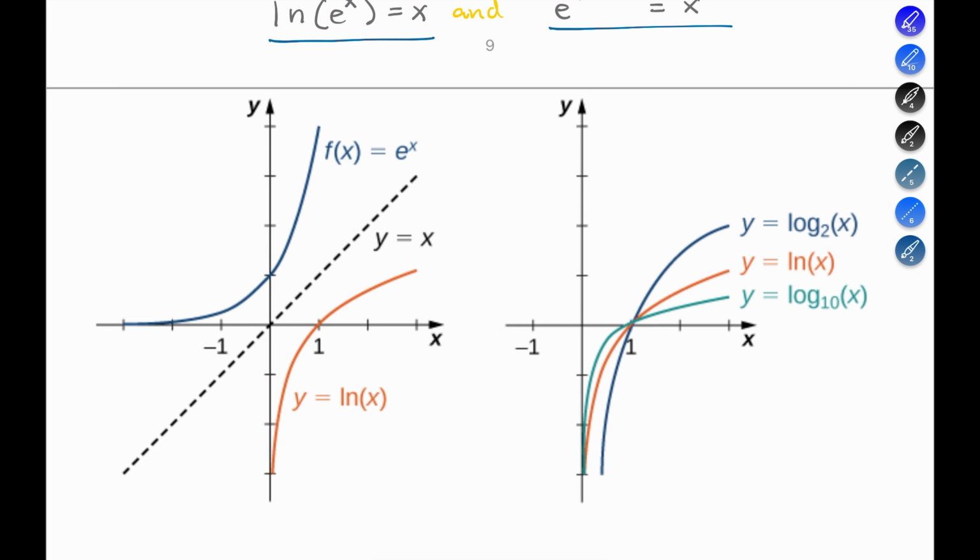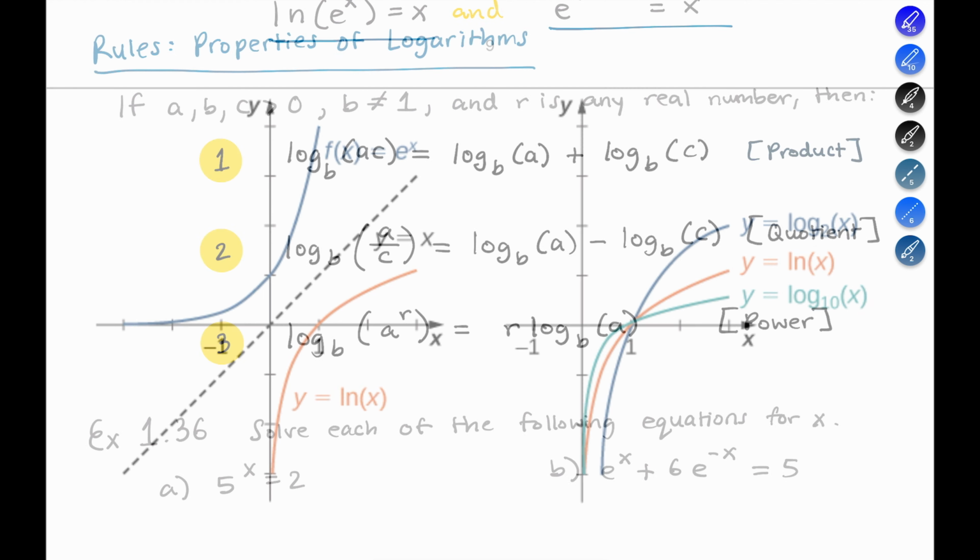Then we have y is equal to log base 10 of x, which is in this teal color or blue-green color, and it is very close to the y-intercept, and it flattens out really quickly compared to the ln of x and the log base 2 of x.